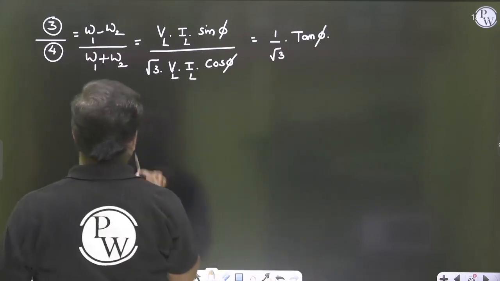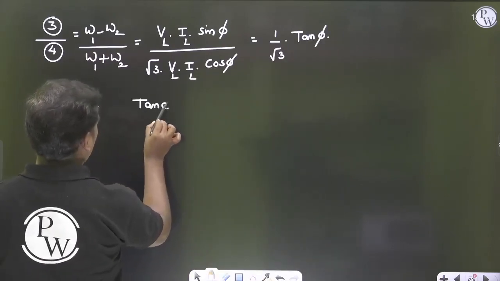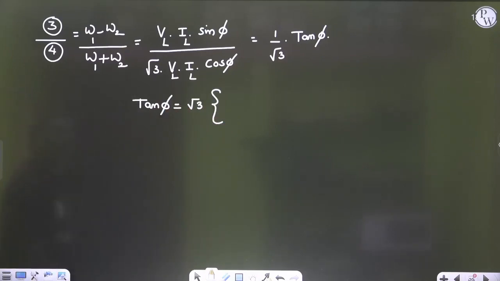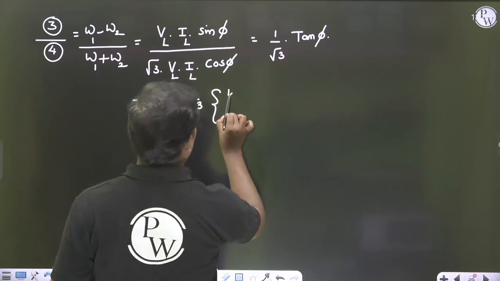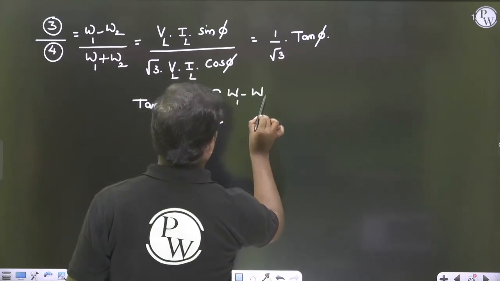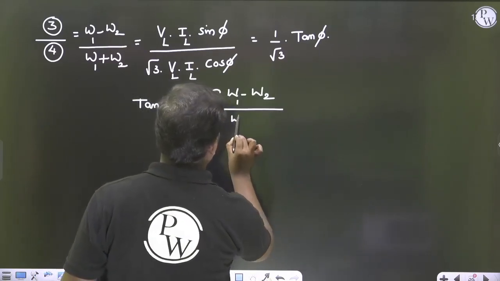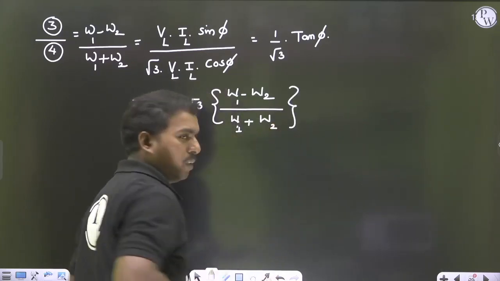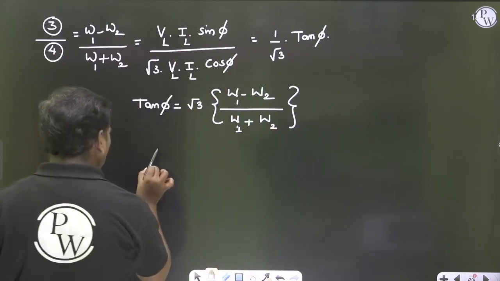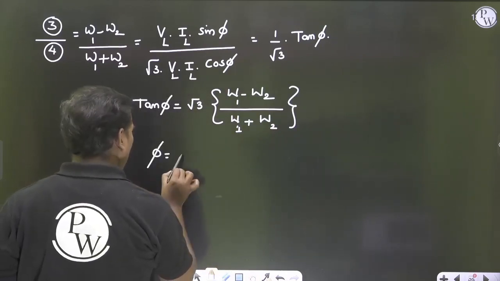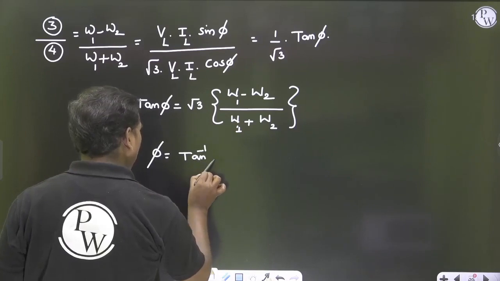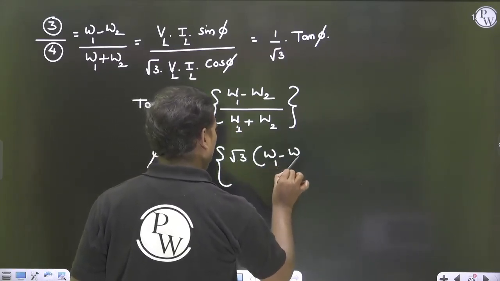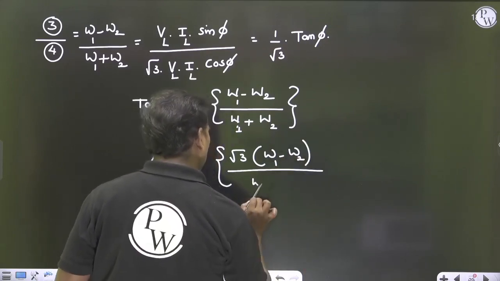So from this, tan phi is equal to root 3 times of W1 minus W2 by W1 plus W2. Understood? So now phi is equal to tan inverse of root 3 times of W1 minus W2 by W1 plus W2.